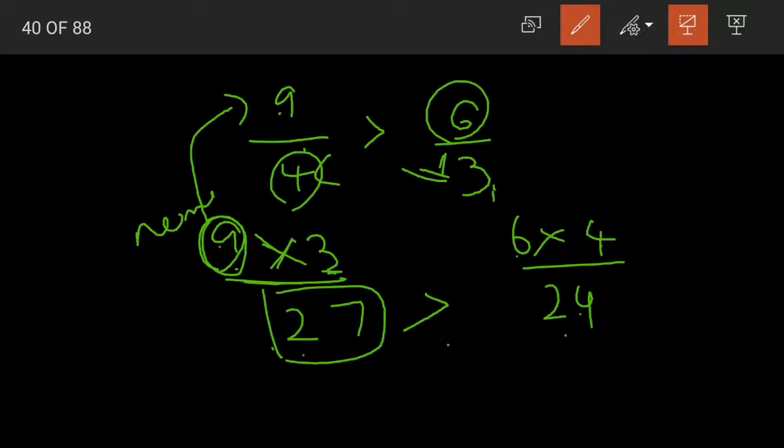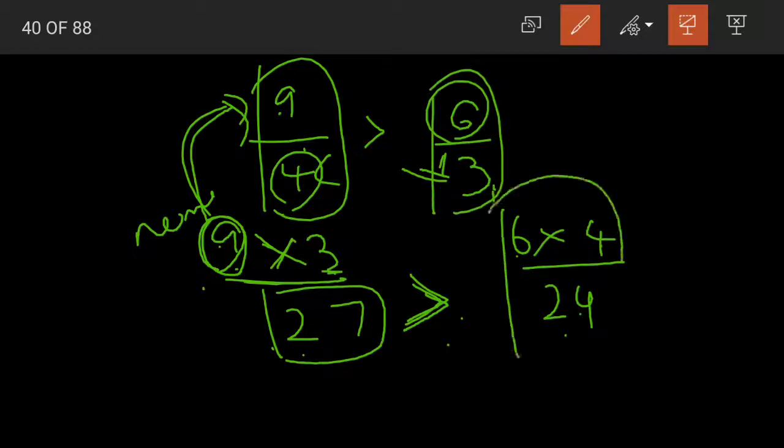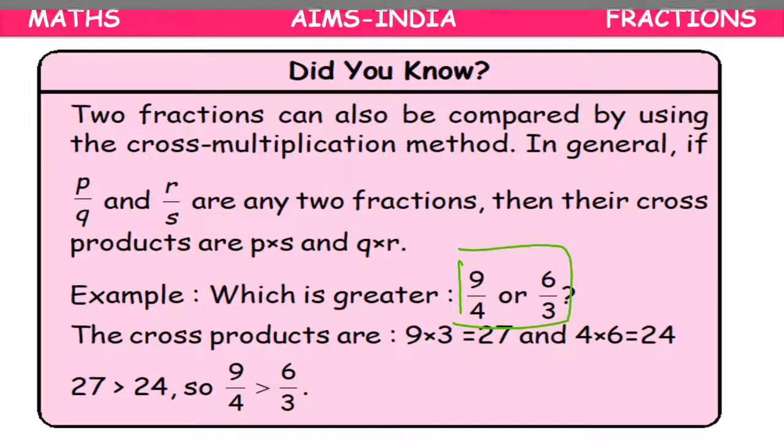We give importance to the numerator. So that is why the first fraction 9 by 4 is greater than the second fraction 6 by 13. Understood, children? Just cross multiply and then compare.